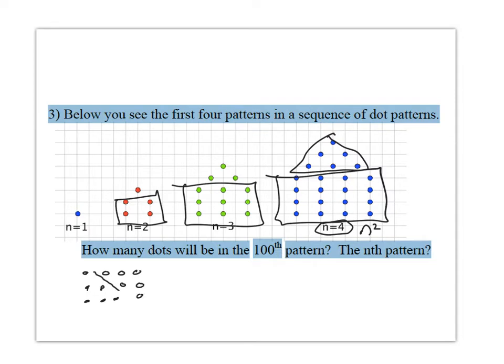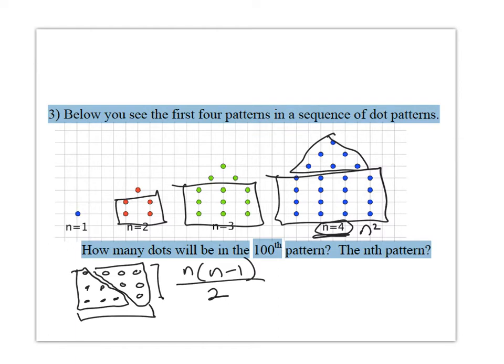So if we put this triangle together with its reflection or its rotation, we can see that we have two of them, and they're going to be equal to 4 times 3, and that is when n is equal to 4. So in other words, we have a rectangle that has dimensions n times n minus 1, and the triangle is going to be exactly half of that.